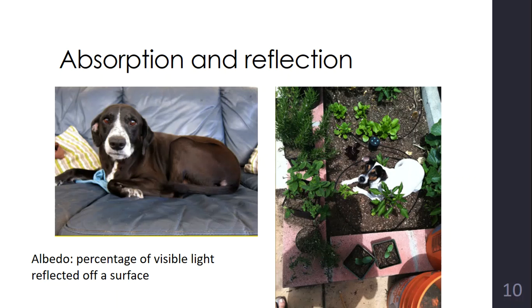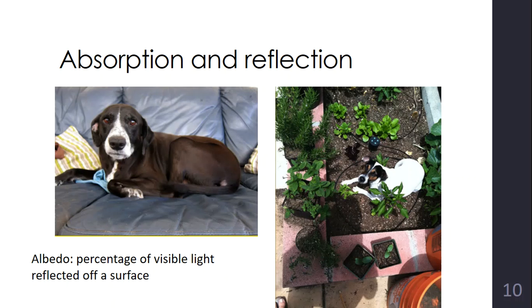So this is a result of something called albedo. Albedo is the percentage of visible light that is reflected off of a surface, right? So Gertie, the color white is reflecting lots of that light. And so a lot of that radiation that's hitting her white fur is bouncing back off and showing up to our eyes as the color white.